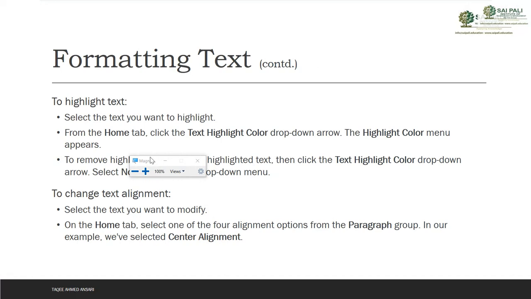Then next thing is to align your text properly. Now what does alignment mean? When you start typing, by default the alignment is left alignment, so your text will start from the left side.